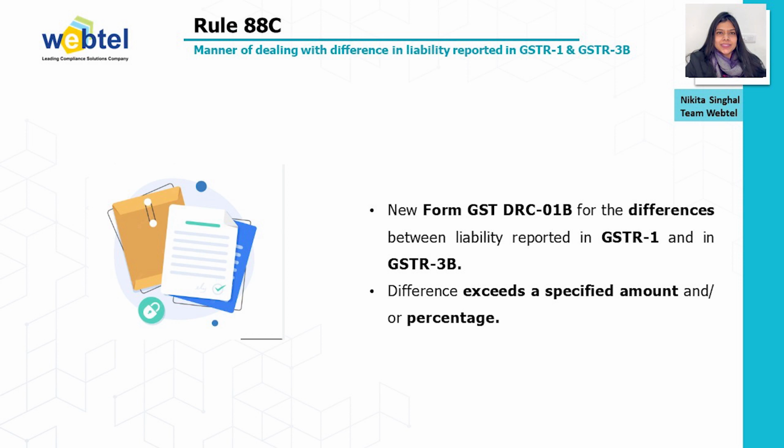Meaning, if anybody has reported some liability in GSTR-1 and GSTR-3B but they are not matching, and the difference between both exceeds a specified amount or percentage, then Rule 88C applies.